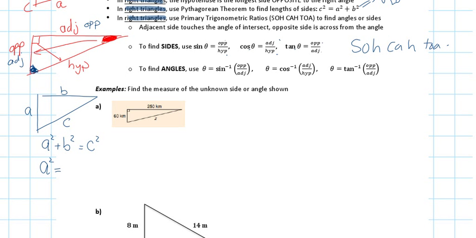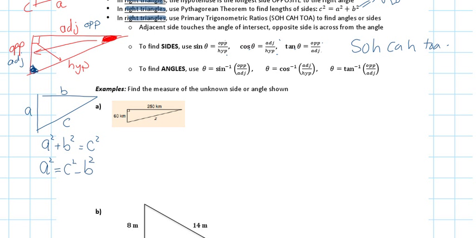So if I'm looking for a squared, I bring the b squared over, and that becomes c squared minus b squared. Okay? Remember that c represents the hypotenuse in this case. The hypotenuse is the longest side in the right triangle, and it's always going to be the longest side. Are we okay with that?